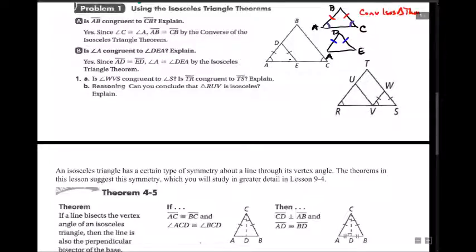I have this, and I have this, and I have this. So I want to know, can I say that this angle here is congruent to this angle here? Why, yes, I can. I can mark that one congruent to this one. That's just the isosceles triangle theorem. My two legs are congruent, so my base angles are congruent.